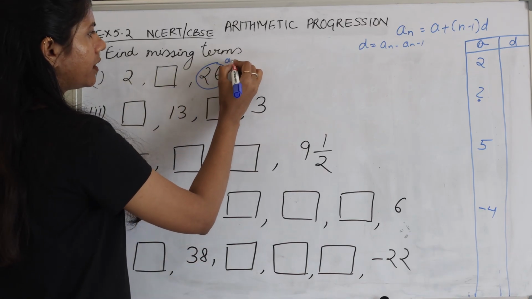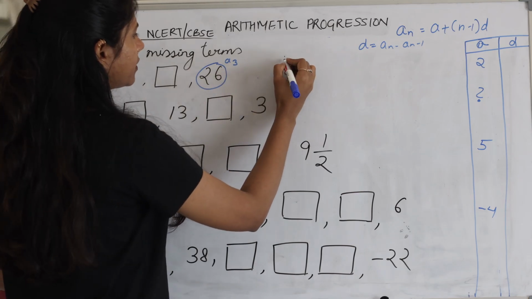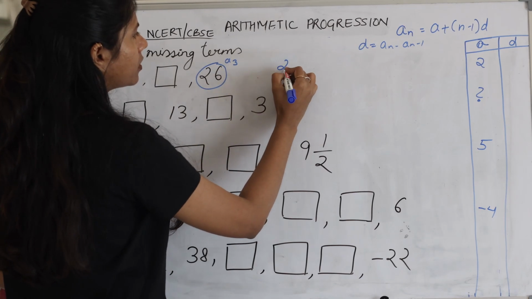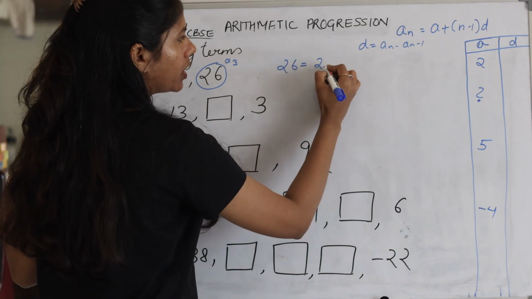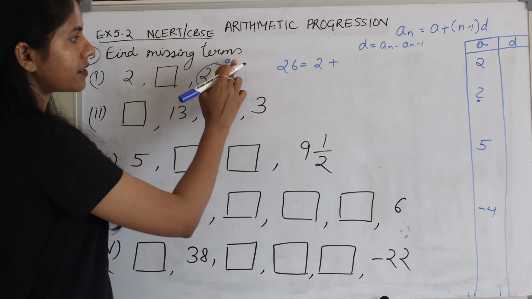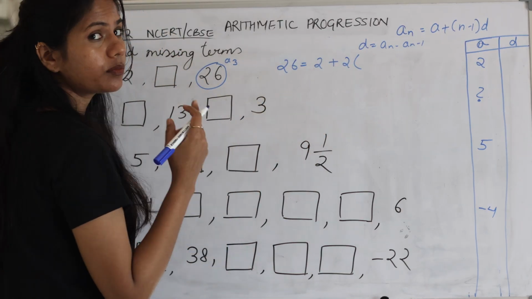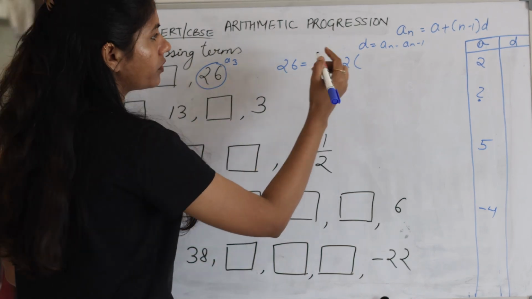This is a3. So we have a3, which is 26, equal to a, which is 2, plus n minus 1. Since this is a3, n is 3, so 3 minus 1 is 2, times d. d is the one we have to find.